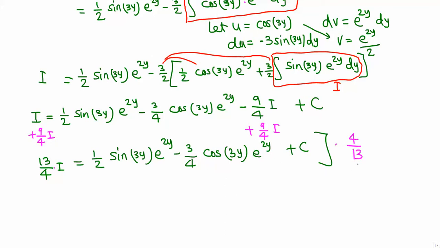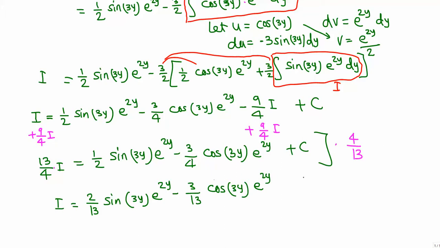Then 13 over 4 cancels, leaving I. 4 over 13 times 1/2: 2 goes into 4 two times, so 2/13 sine 3y e raised to 2y, minus 4/13 times 3/4, the 4s cancel, so 3/13 cosine 3y e raised to 2y, plus 4/13 times c.